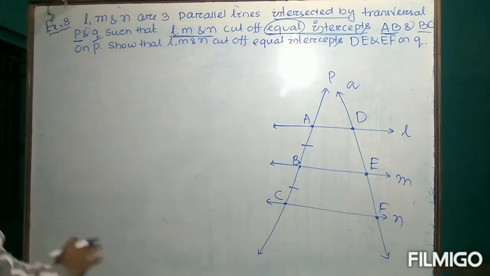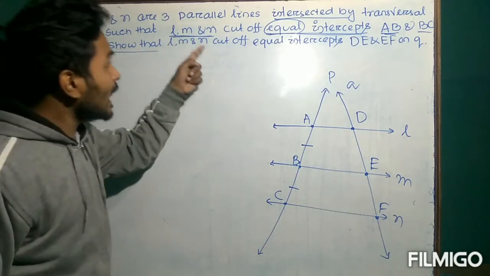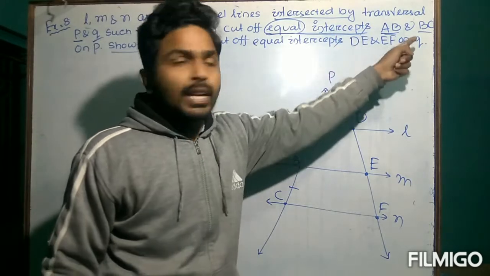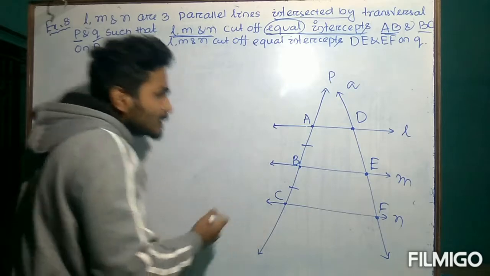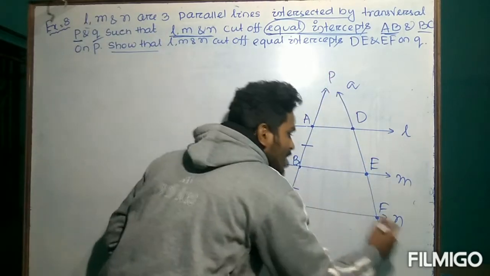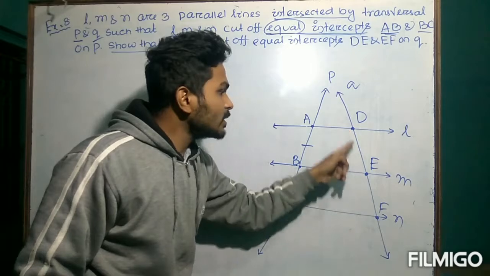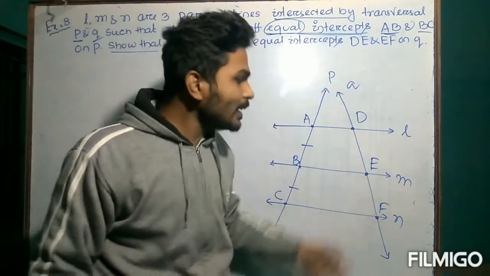Now you have to prove that L, M and N cut off equal intercepts DE and EF on Q. Like the transversal line P, the transversal line Q also intersects L, M and N at three distinct points D, E, F. Then how many intercepts are formed here?